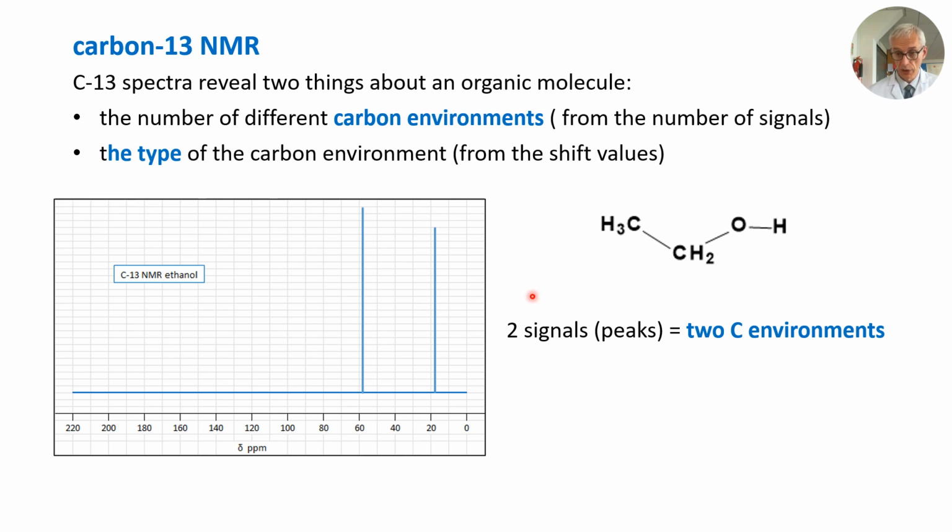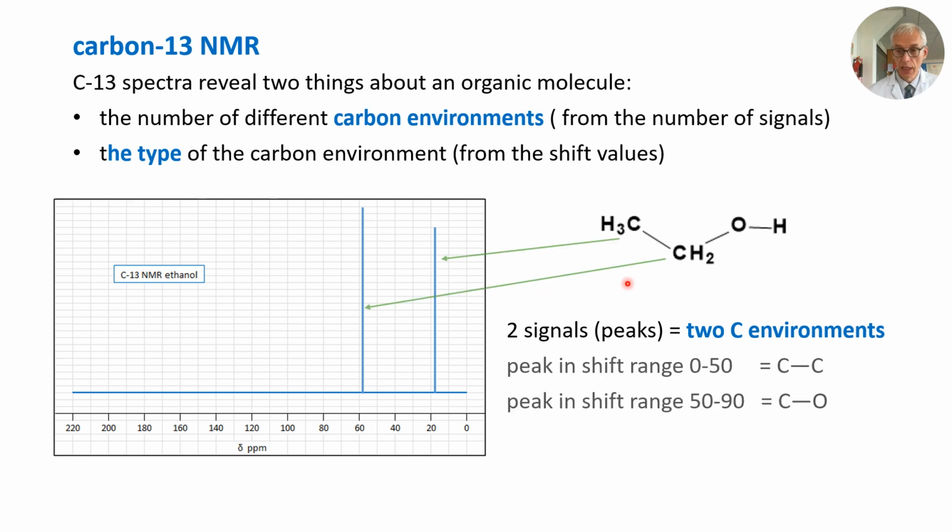Okay, so I hope you've had a think. The carbon-oxygen environment, carbon single bond oxygen, is listed in, I'm looking at the data sheet to my left as I speak, 50 to 90. So that would account for the peak further to the left, what's called downfield.